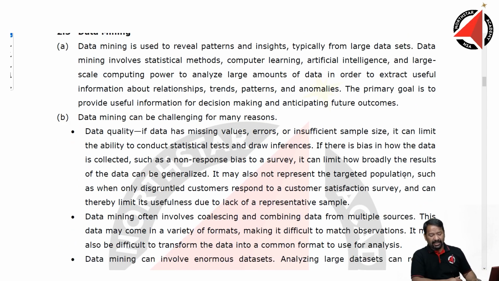Then we have data mining. What is data mining? Again, same thing. We have a big volume of data. What do we do? We go deeper and deeper and deeper into the data to find some meaningful insights, some meaningful pattern, behavior, correlation between X and Y, correlation between different consumers, or their purchase pattern. It can be anything.